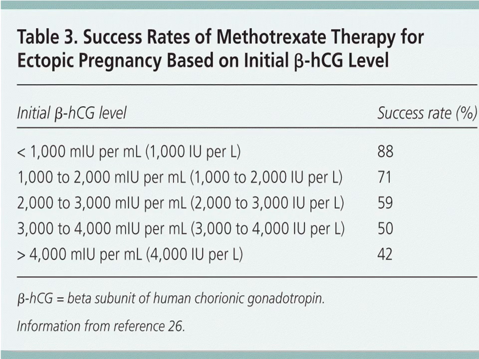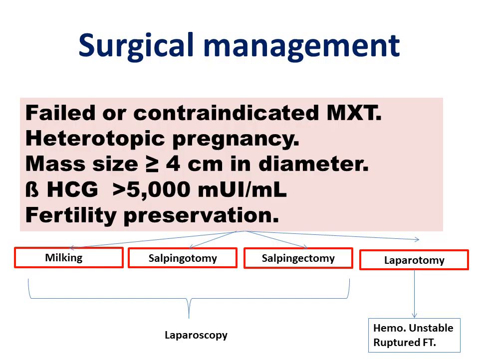So one of the strict criteria of selection of medical or expectant management is the level of the beta-HCG at the initial estimation. If it is more than 5000, it is not a candidate for expectant or medical treatment. You should go to surgical treatment directly.